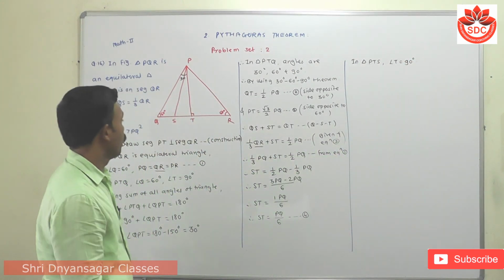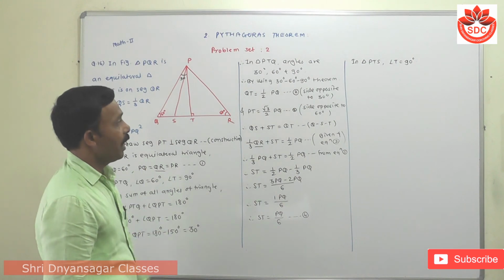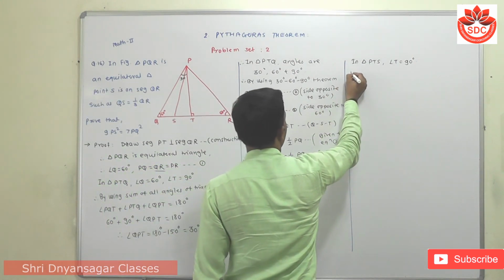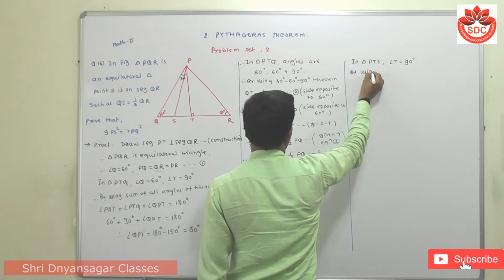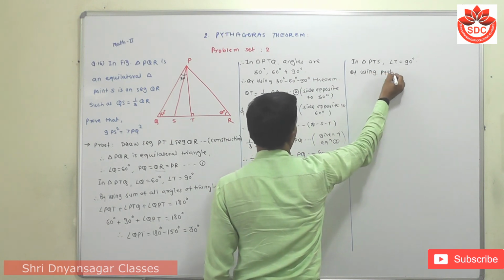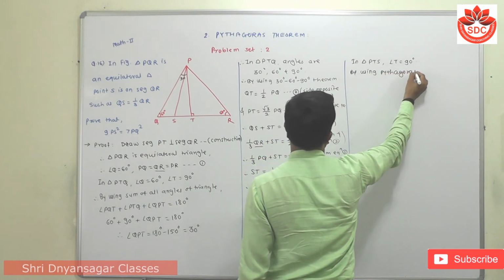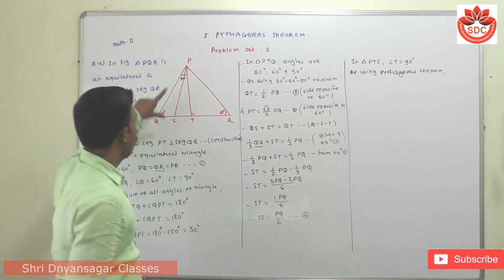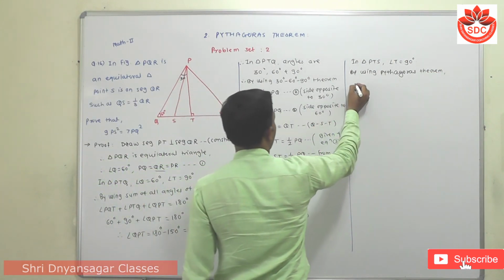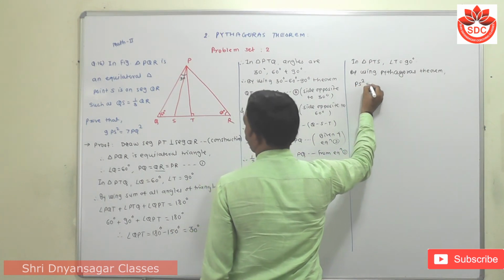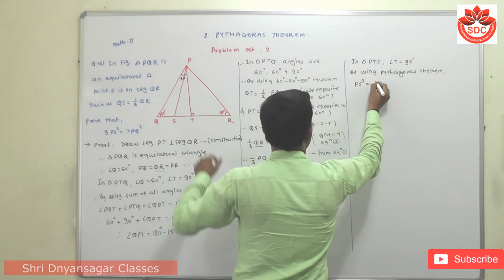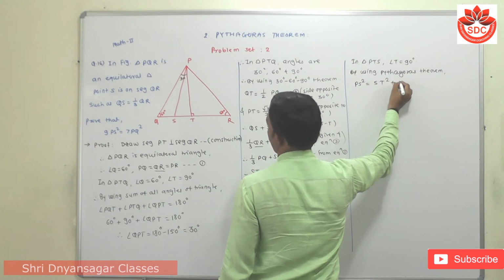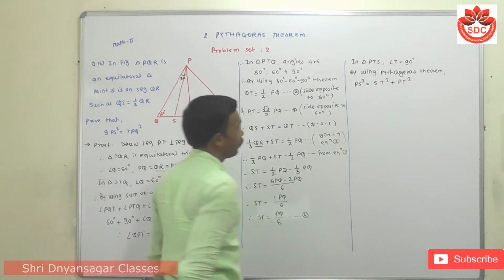Then by using the Pythagoras theorem, this theorem is that hypotenuse square, meaning PS square, is equal to ST square plus PT square.